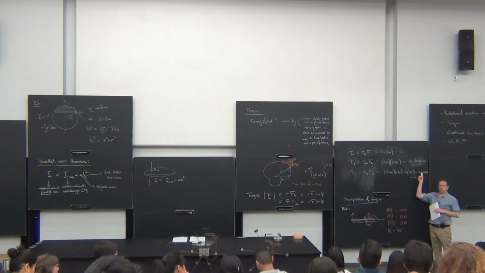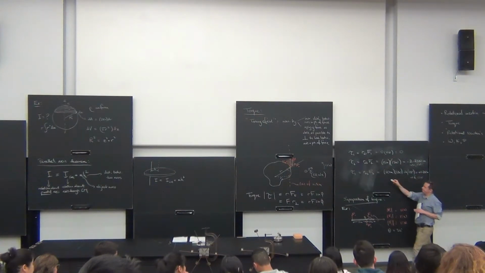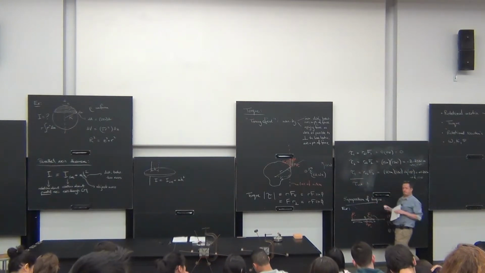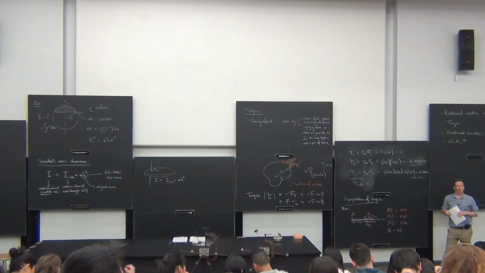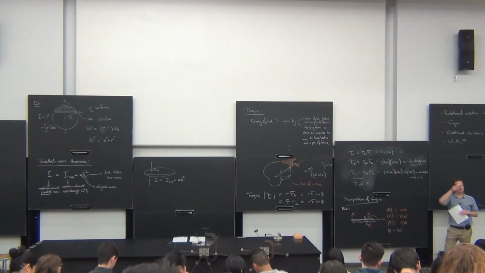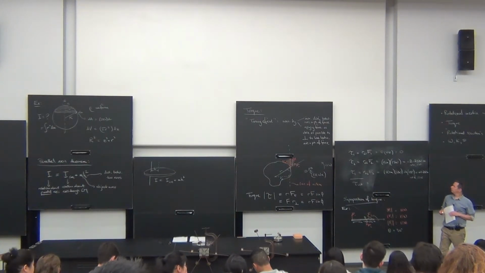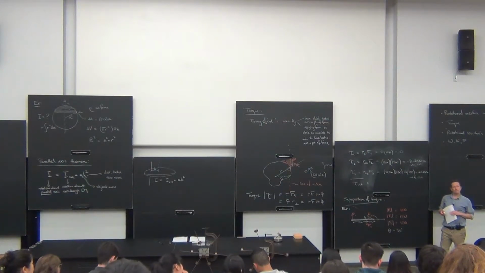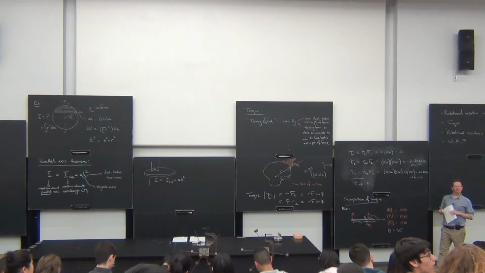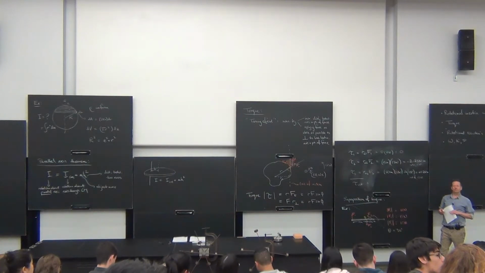Okay, so what does this tell you overall in terms of the net torque? What's the net torque, or at least qualitatively what's happening? It's the sum of the torques, so it's just going to be 1.2 minus.